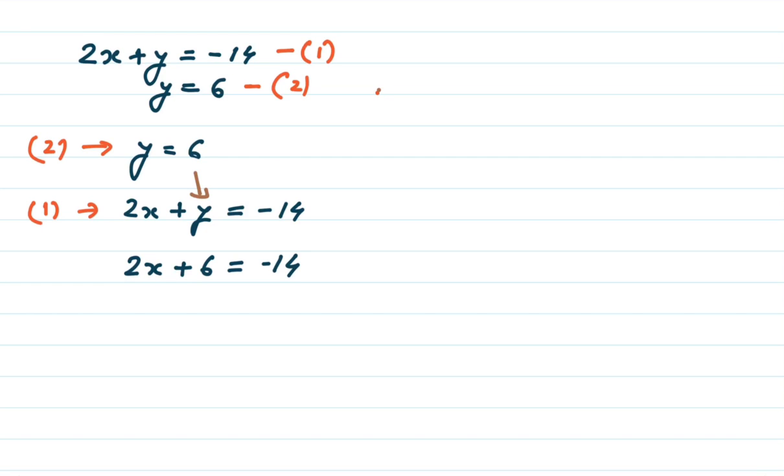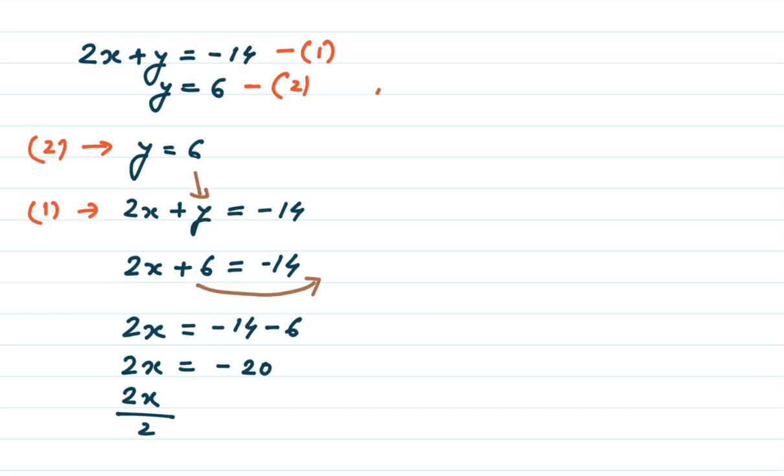Take the positive 6 to this side of the equation, and then it's going to be 2x is equal to negative 14, negative 6, which is 2x is equal to negative 20. Once again, divide each side by 2, and so you get x is equal to negative 10.